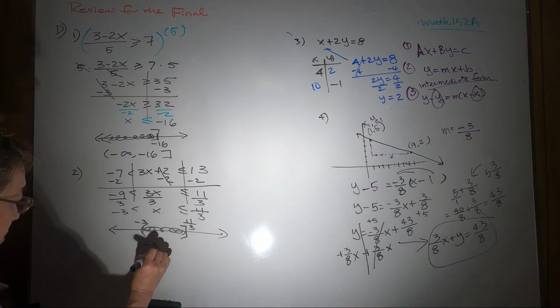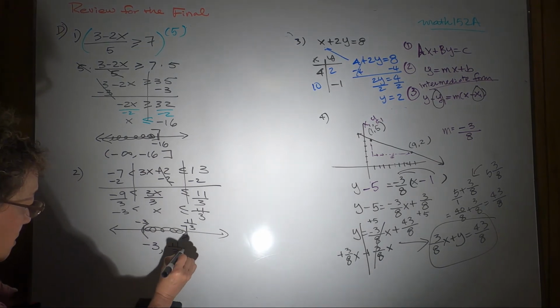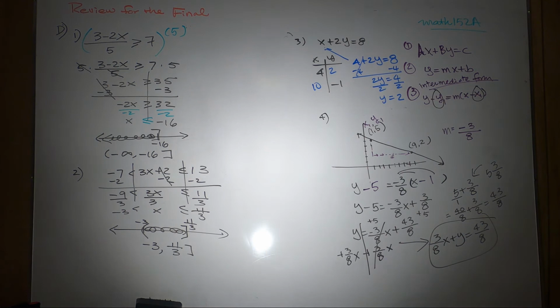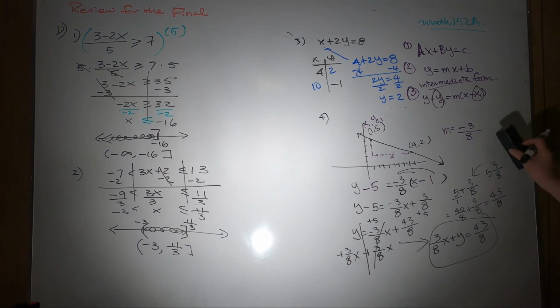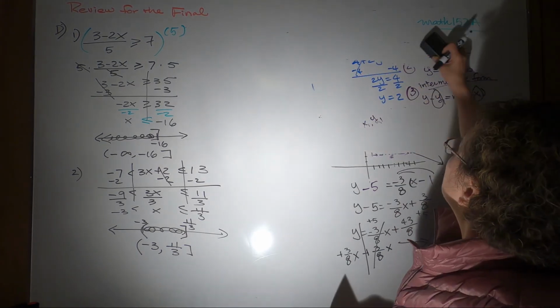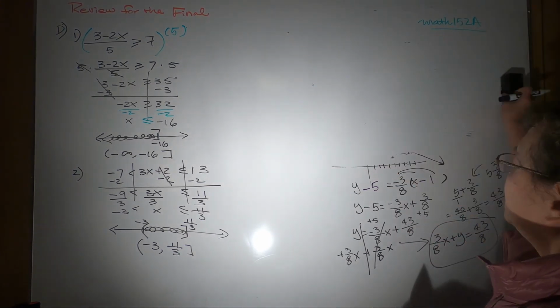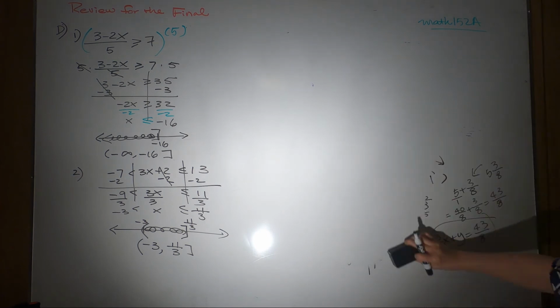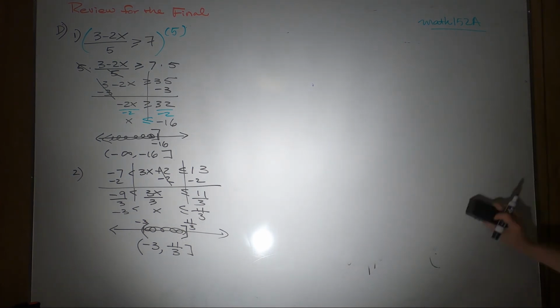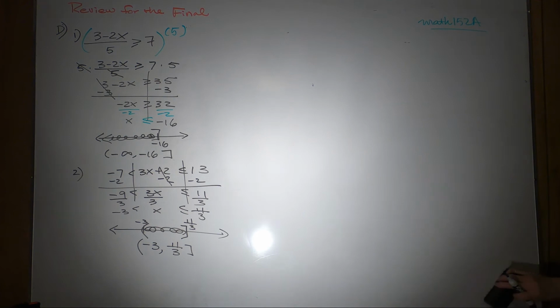So that would be negative 3 to 11/3, with a parenthesis on this side and a bracket on the other side, right? Okay, so that would be our review for graphing and solving linear equations and inequalities.